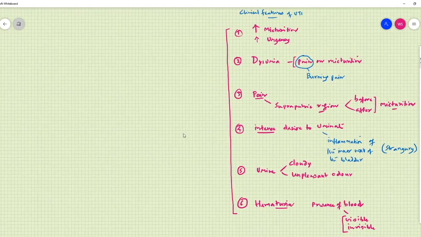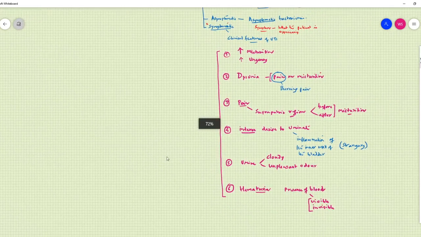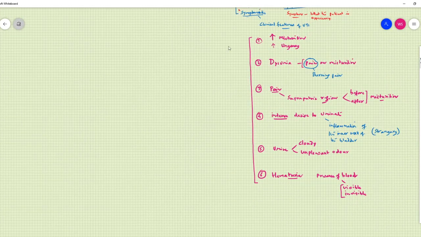On further analysis, it is seen that these features are seen in lower UTI. What do we mean by lower UTI?